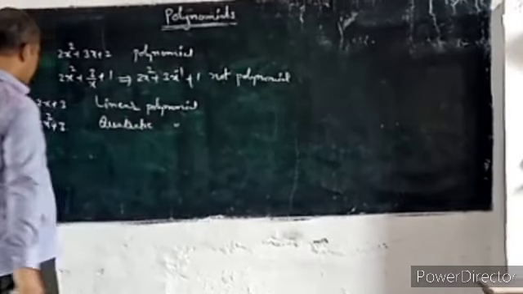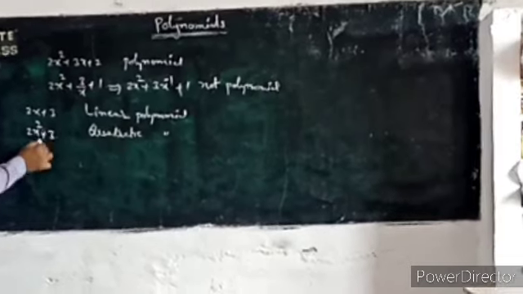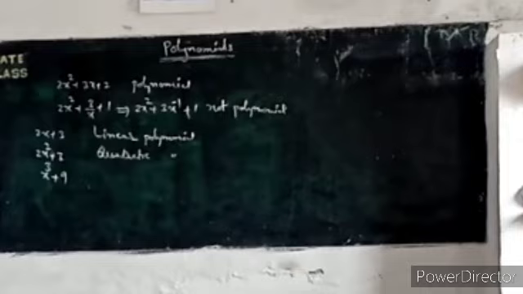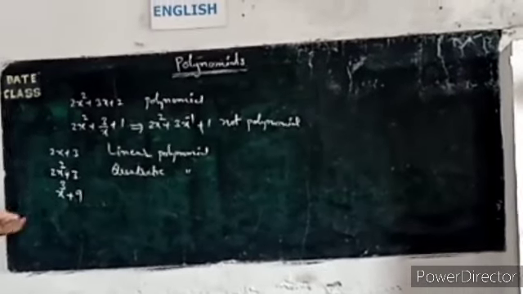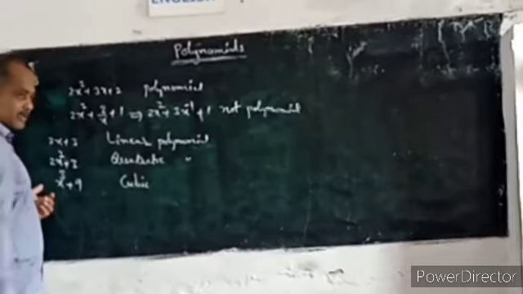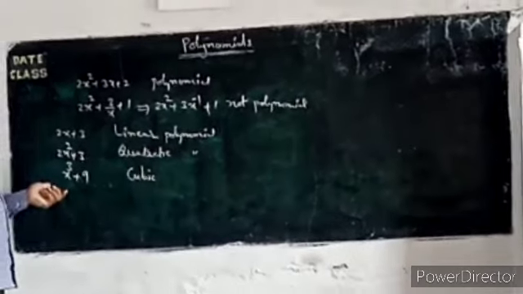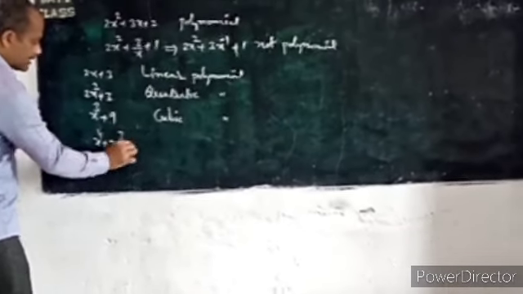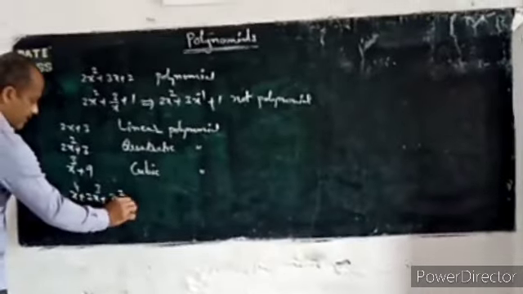If it is power 3, x cube plus 9. Now it is a cubic polynomial. Highest exponent is 3. That's why it is a cubic. Now x power 4 plus 2x cube plus 3x square plus 2.